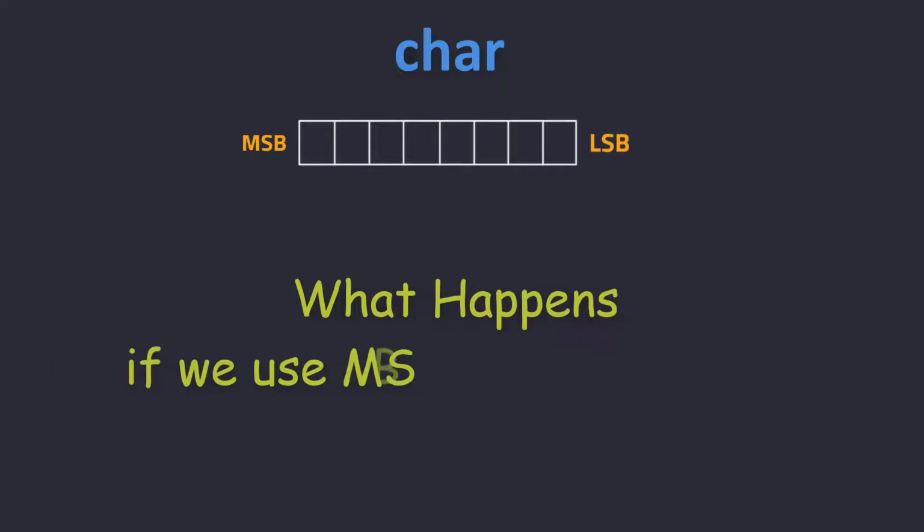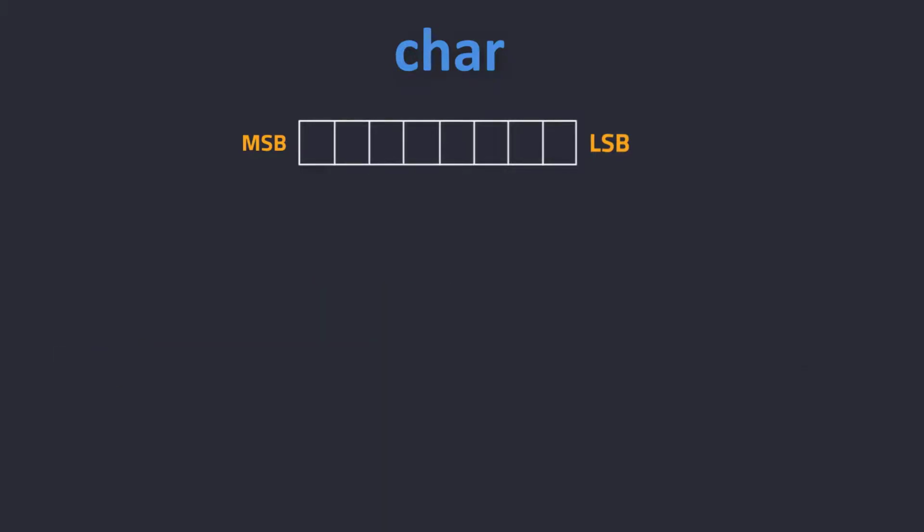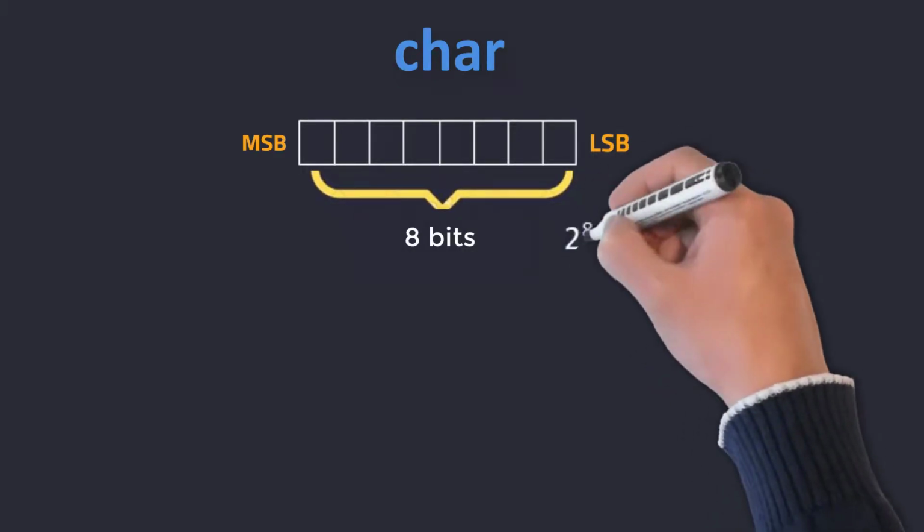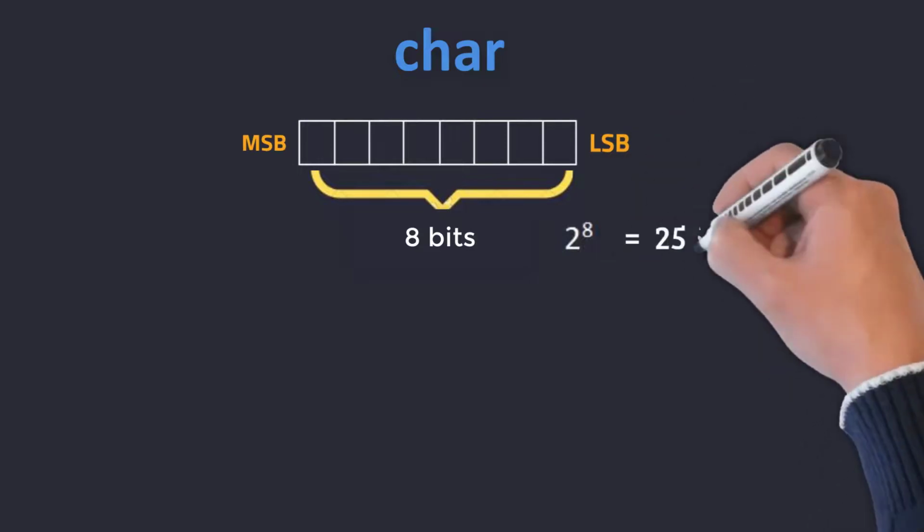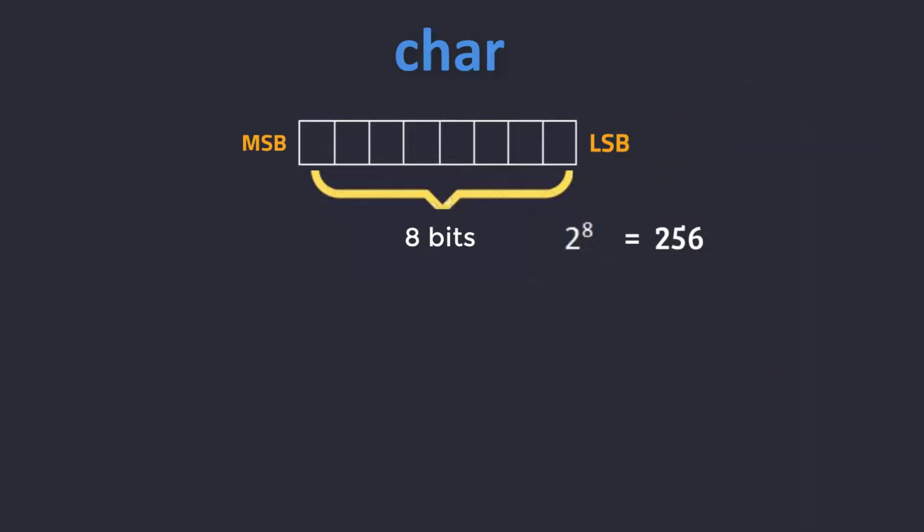What happens if we use MSB to store data? Let's see. If we do that, the range to store numbers would increase from 7 to 8 bits, which means we can store numbers up to 2 raised to the power 8 equals 256. Now the range would become 0 to 255. But wait.